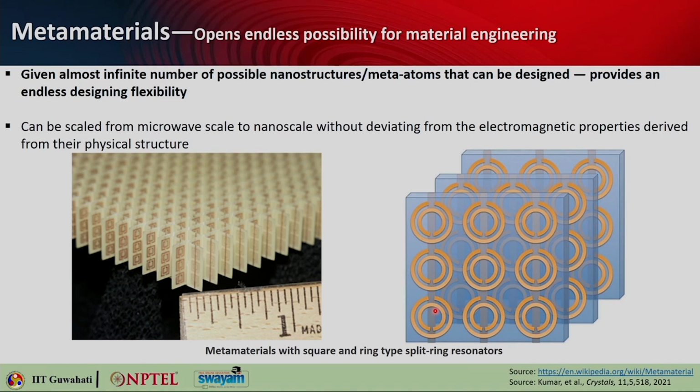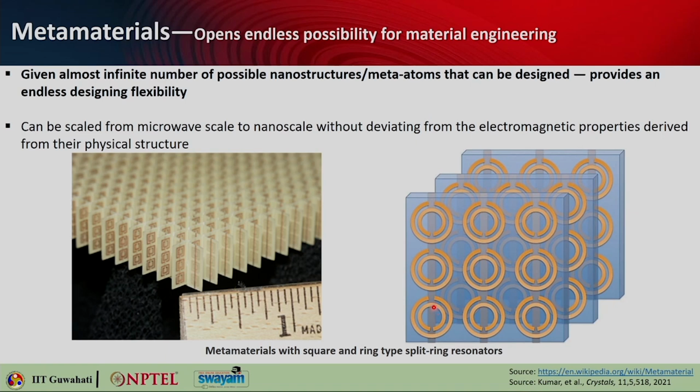Now, one good thing about metamaterials is that if you understand the concept of metamaterials for the microwave domain, you can simply scale it to the nanoscale, and they will still work, because the electromagnetic properties are basically derived from the structure.